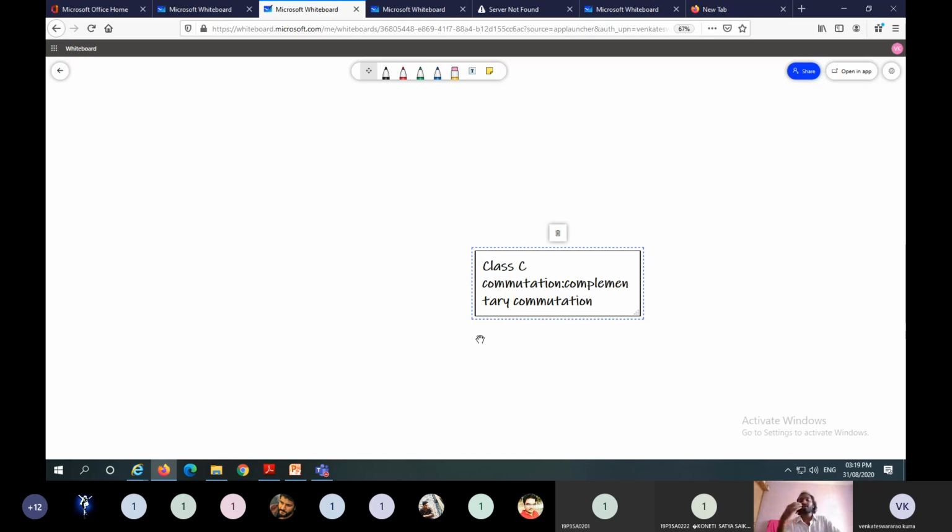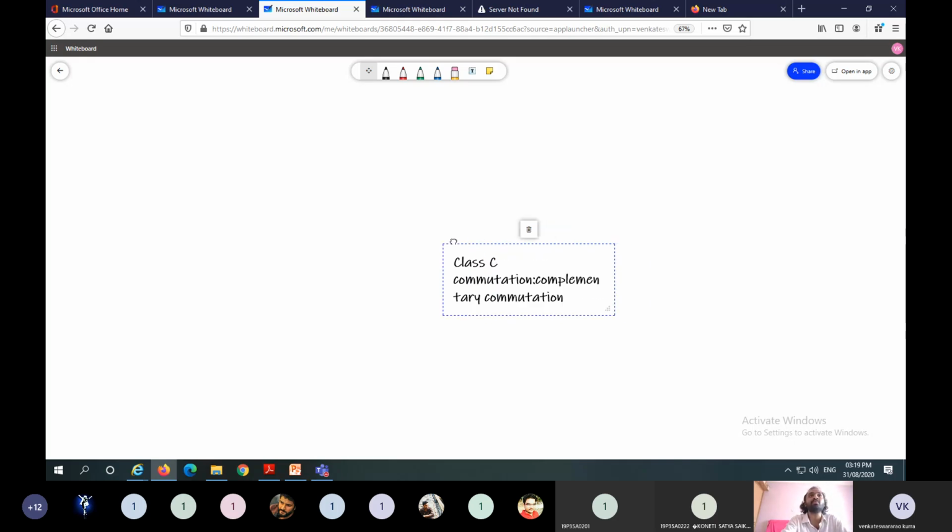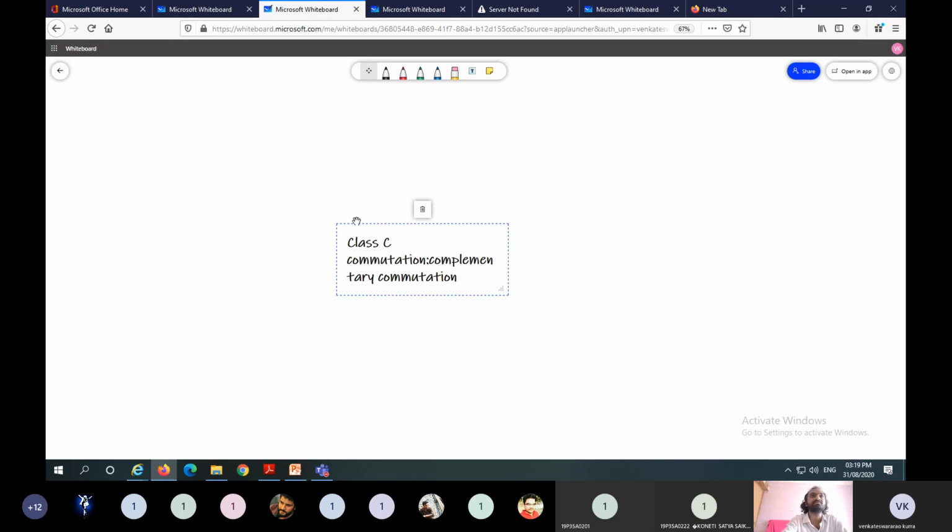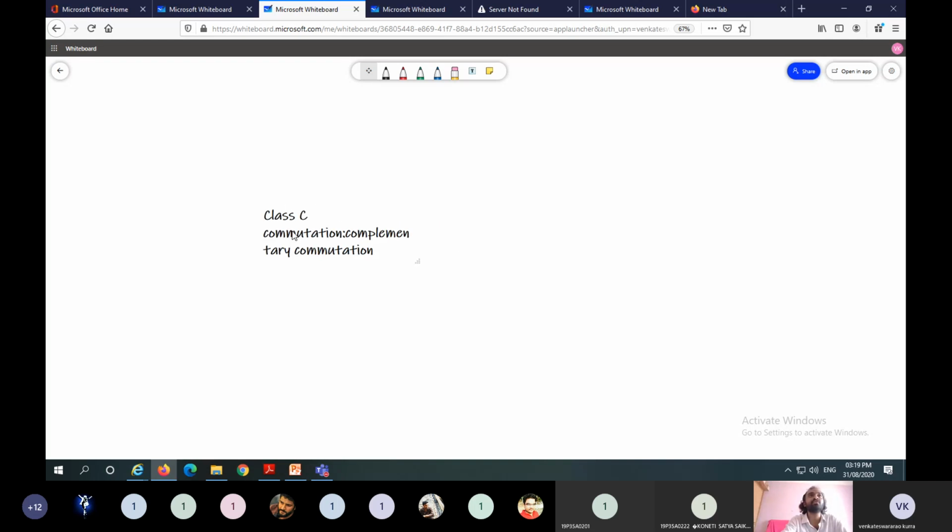In this commutation, at a time, one device will be turned on and the other device will be turned off. That's why it is also known as complementary commutation. In this mode, current will be continuously flowing in this circuit, and there is no disconnection of load current. The load current is continuous, but the devices will be turned off.